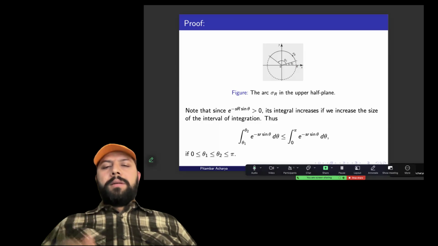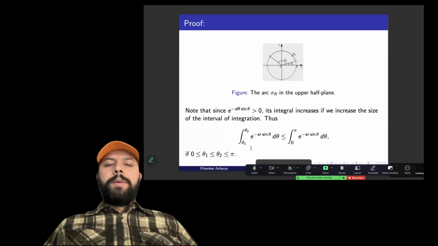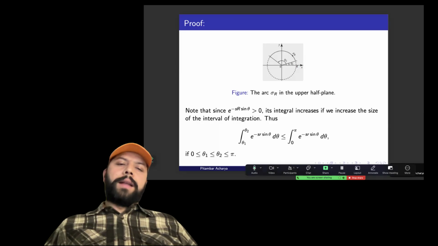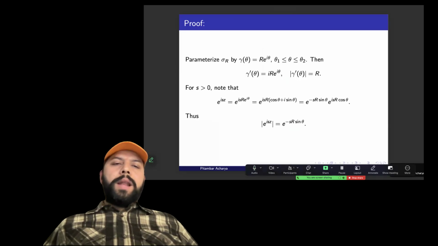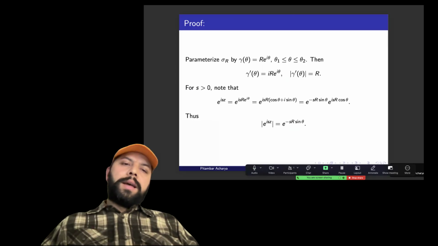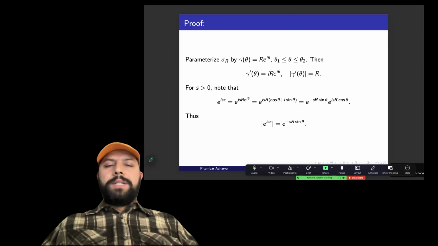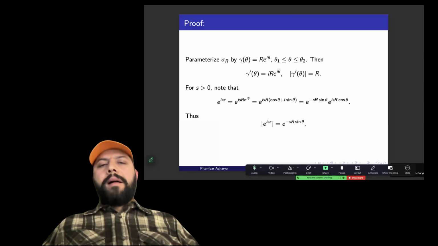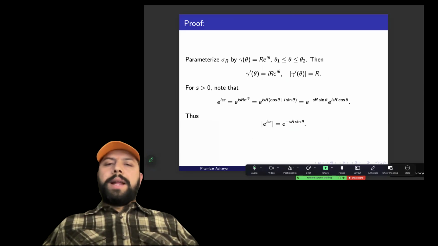So 0 to pi is bigger as compared to theta 1 to theta 2. This is a known fact. Now we parameterize sigma sub R by gamma of theta, which is given as R e to the i theta, where theta lies between theta 1 and theta 2.